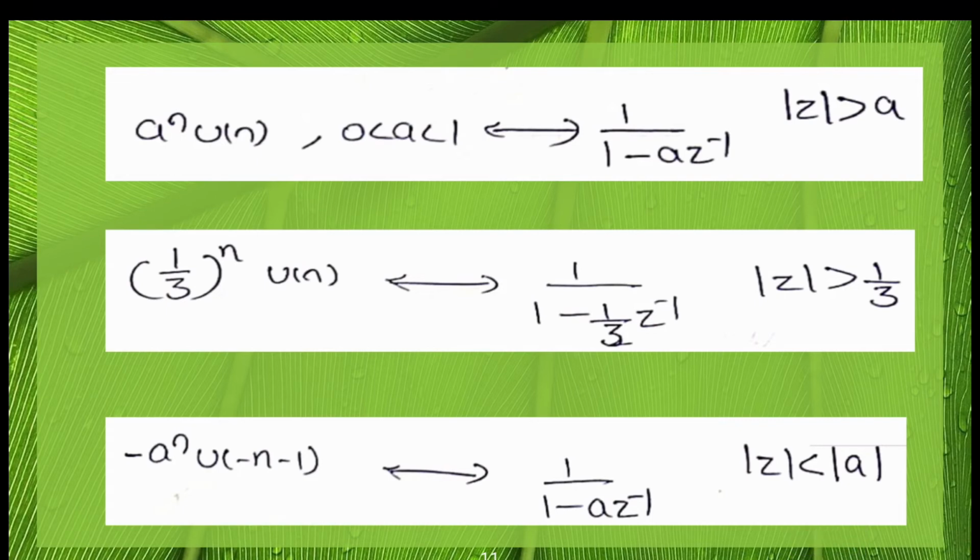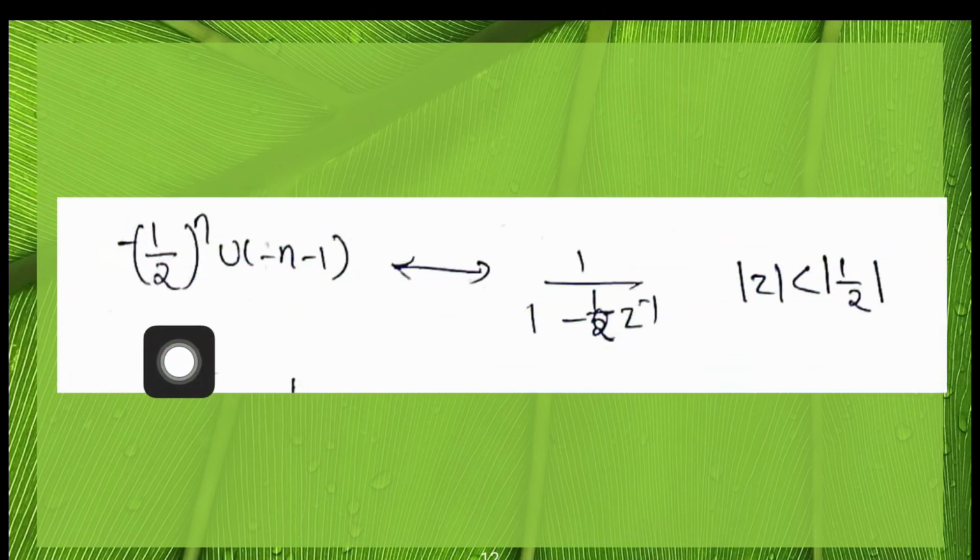Using this, we can write Z transform and ROC of x2 of n as 1 by 1 minus 1 by 2 z raised to minus 1 with the ROC mod z less than mod 1 by 2. Thus, we obtained Z transform and ROC of x1 of n and x2 of n. What is our next task?